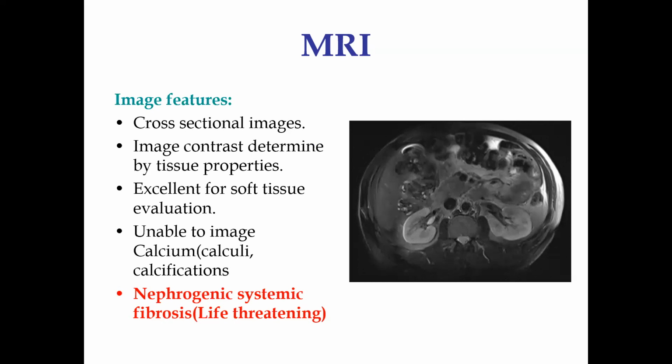So we usually do not want this to happen. That is why we ask for urea and creatinine levels, especially in middle and old age, where we suspect there is renal impairment. So remember, for any patient with acute renal failure or with GFR less than 30, we should be suspecting this condition. Therefore, we should not be using gadolinium. Okay.